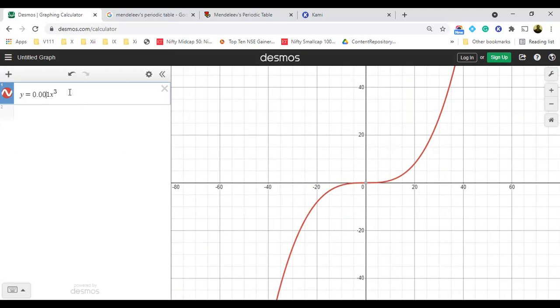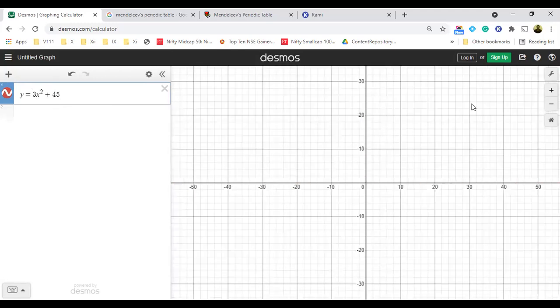Okay, let's look at anything else. You can say 3x squared plus 4x plus 5. The moment you put x squared, you know that it is not.